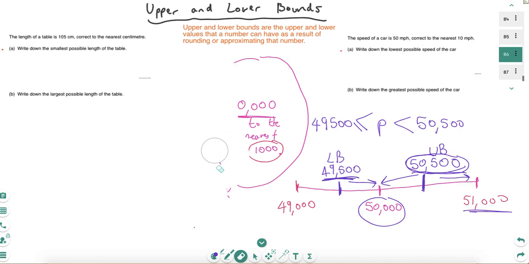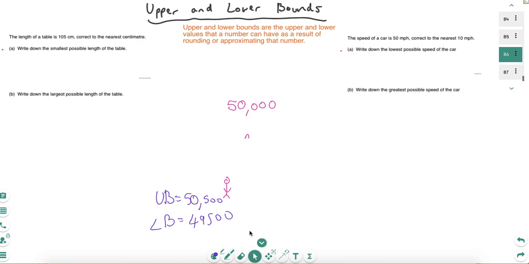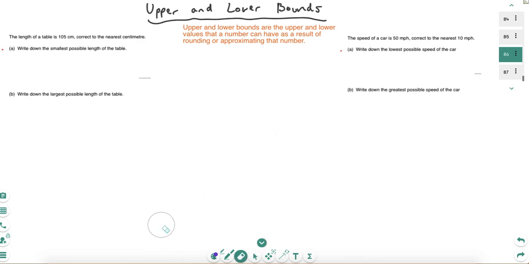Let's rub this all out first. The length of a table is 105 centimeters to the nearest centimeter. Work out the smallest possible length of the table. If we're being asked for the smallest possible length of the table, we're looking for the lower bound.